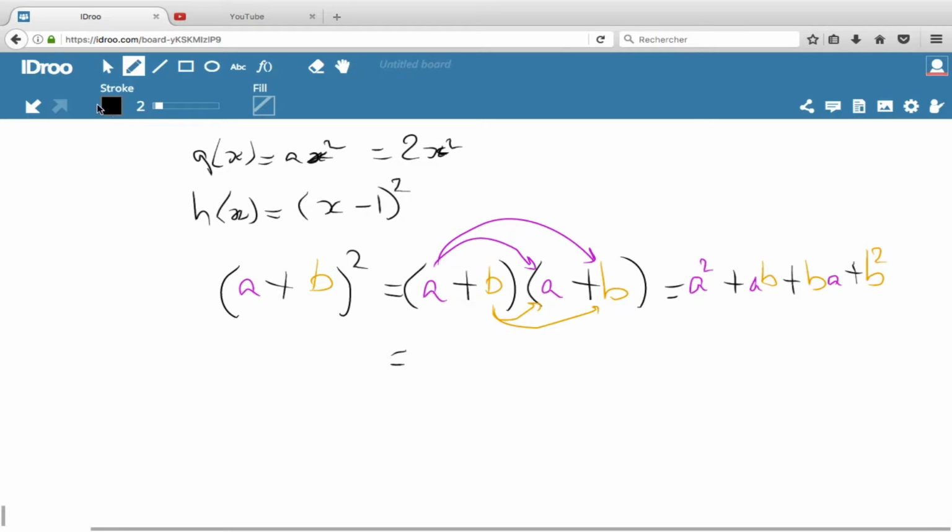So we've got this remarkable identity. Sorry. A to the square plus 2 times a times b plus b to the square.